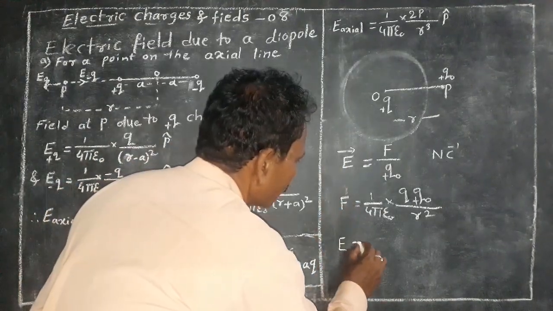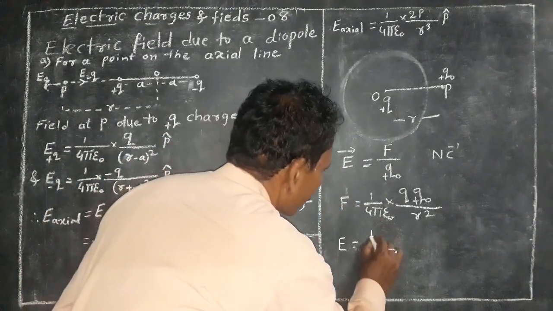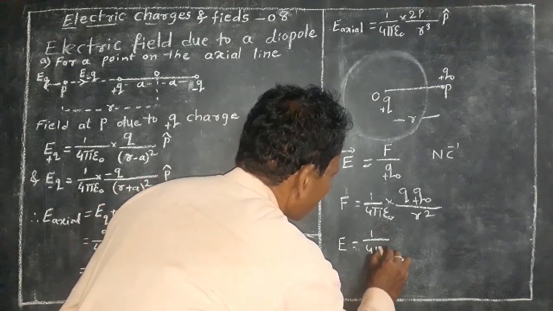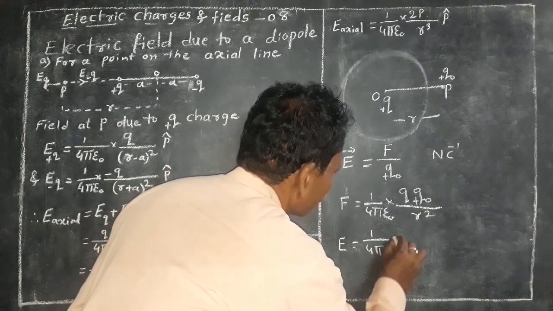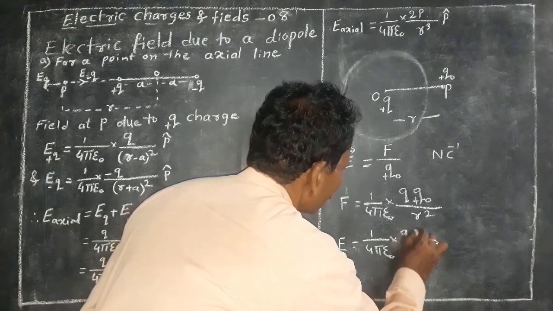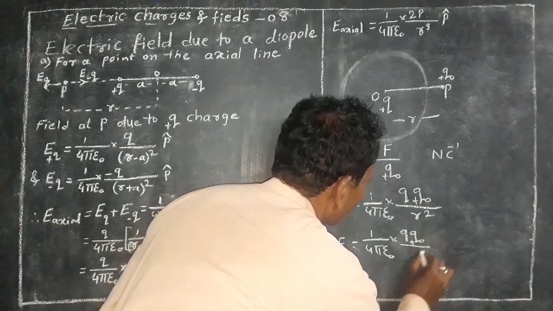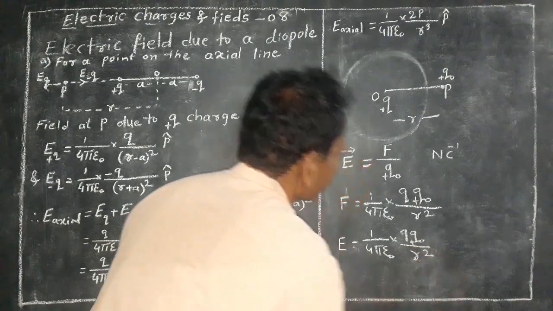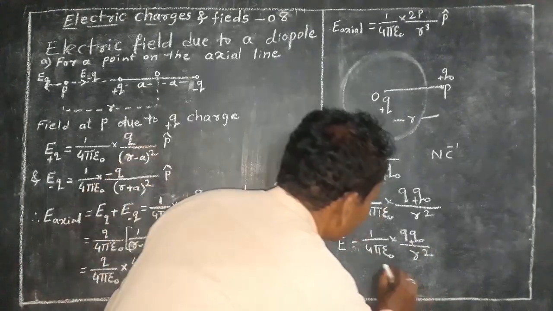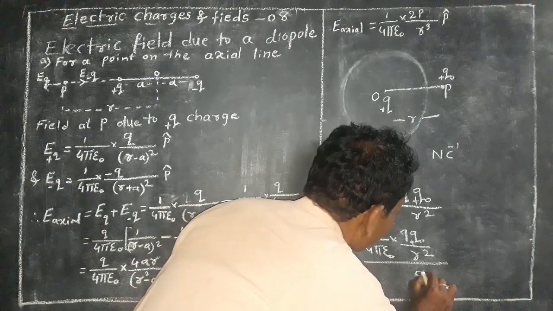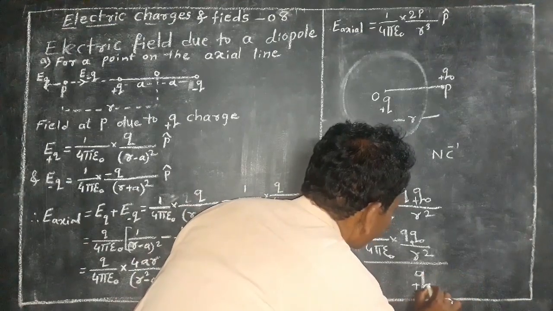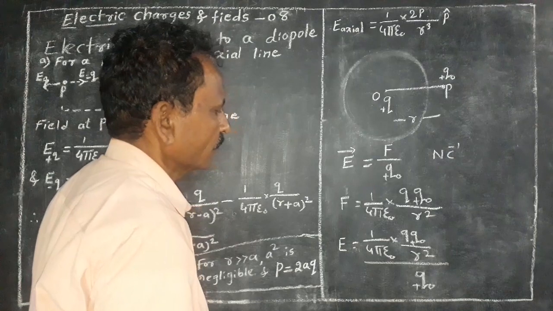According to Coulomb's law, E equals 1 upon 4 pi epsilon naught into Q into plus q naught upon r square, divided by plus q naught. Here plus q naught gets cancelled.